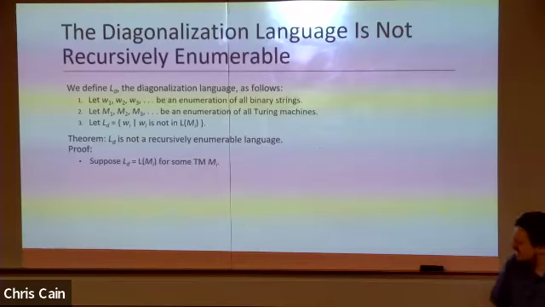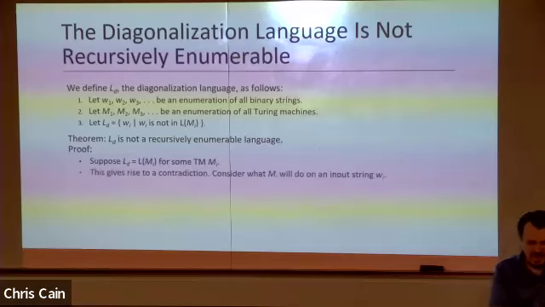We're going to call that M sub I for some I. We have the contradiction. What is M sub I going to do on input string W sub I?